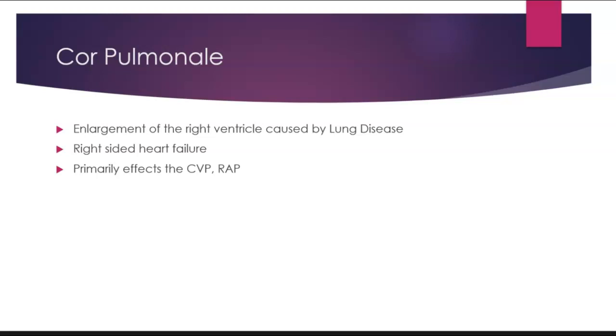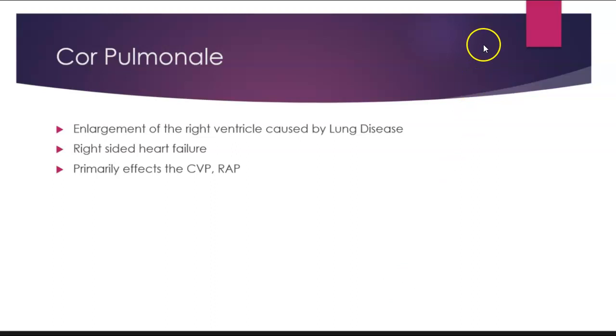So the blood gets back to the right side of the heart, but when the right side of the heart tries to pump it to the lungs, there's an increase in pulmonary vascular resistance in the lungs that causes it to not get pumped out. So that right ventricle can't pump effectively to the lungs. It's also sometimes called right-sided heart failure. Because it's those right-sided heart pressures, it's going to primarily affect your CVP and your RAP.